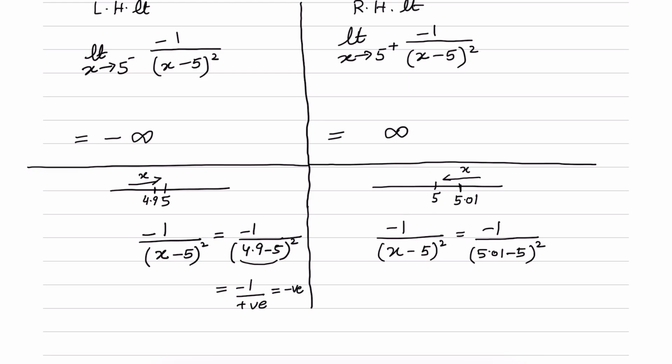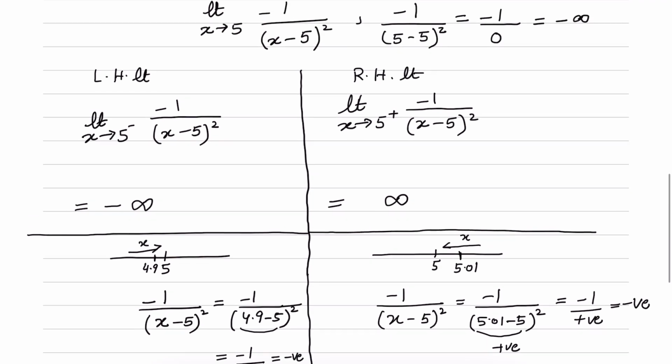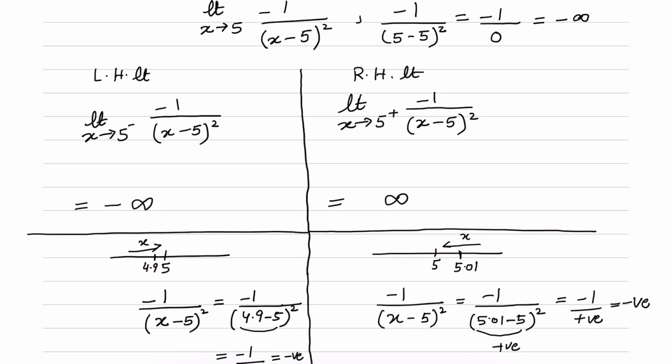Now we can see that 5.01 minus 5 is positive. Positive term whole square is also positive. So here we got negative 1 over something positive. Negative divided by positive is negative. So we will go back up, and in the part of the right hand limit, along with infinity we will put a minus infinity sign.